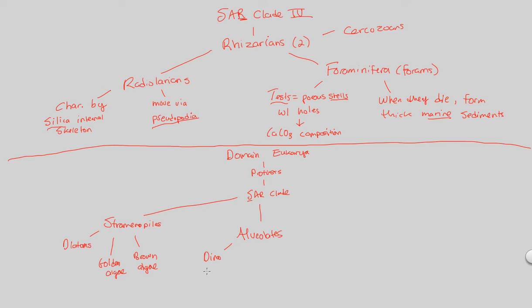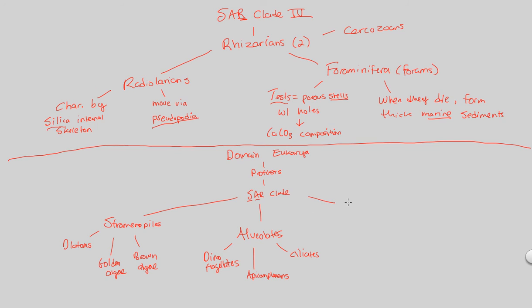The dinoflagellates. Okay, we also had the apicomplexans. Reason for malaria, apicomplexans, Plasmodium. And then we also had the ciliates. So that covers our alveolates, thus it covers the A in the SAR clade.